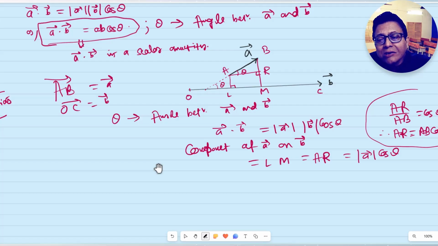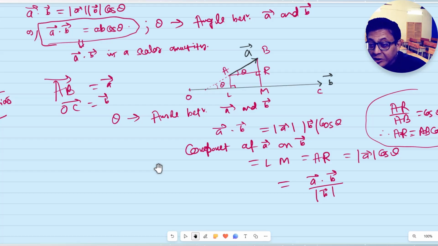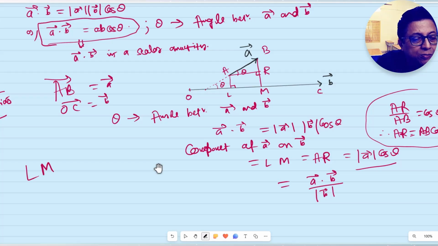Now this mod A cos theta we can write as A dot B by mod B. Okay. So we have made one very important observation that the effective part of A on B, I mean the component of A on B, is mod A into cos theta, which we can write as A dot B by mod B. And this LM is also called projection.